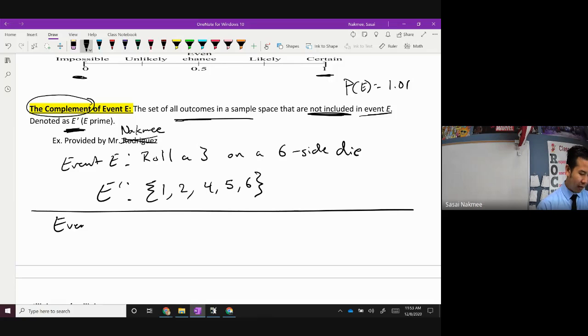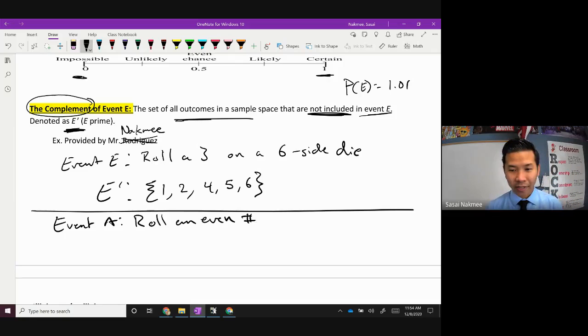So let's say I have another example. Event A is to roll an even number on a 6-sided die. The sample space for rolling an even number would be 2, 4, and 6. What's the complement of that, guys? Can you figure that out?